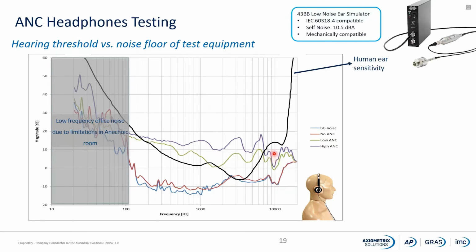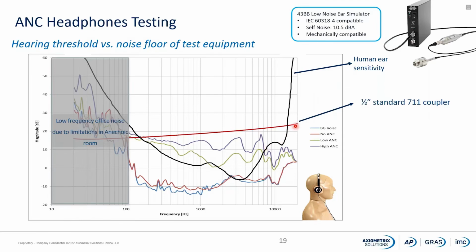If we compare this with a black curve that is basically showing us the human ear sensitivity, we can see that part of these noisy signals we will be able to hear with our ears. So this could be annoying, and these are signals that we are going to try to characterize so we can improve and reduce them as much as possible and push them even lower than the human ear sensitivity.